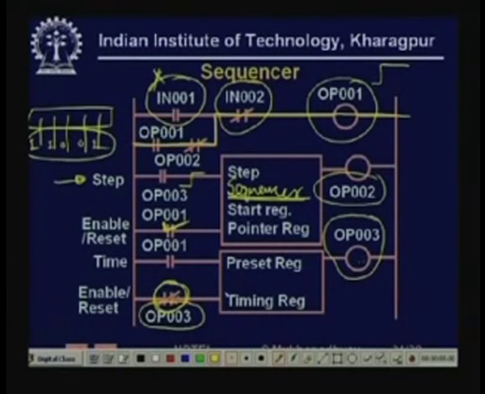So, again it is enabled, and output 001 is already on, so again it times. Basically, with this arrangement it is continuously timing, and the moment this OP003 goes high after the timing interval, this gives a pulse here.